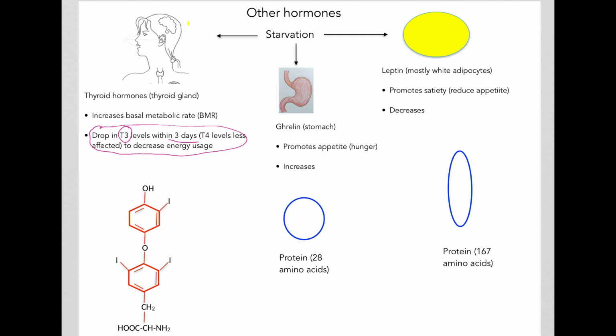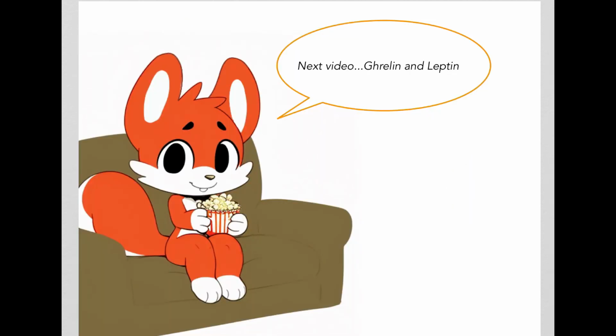With reduction in thyroid hormone, the BMR will decrease, thereby conserving energy. The other two hormones, ghrelin, that promotes appetite, increases, while leptin, that promotes satiety or reduces appetite, decreases. In the next video, we shall discuss a little bit about these two hormones, ghrelin as well as leptin.